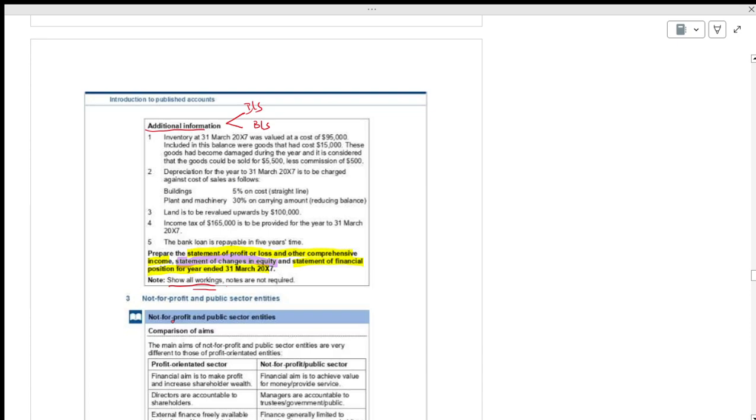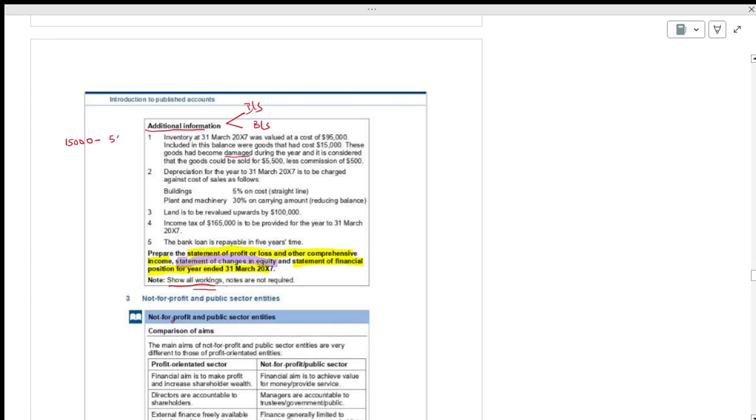Read slowly. Inventory at 31st March was valued at 95,000. Included in this balance was some 15,000 value. What happens? It has been damaged during the year, and it has been sold for how much?